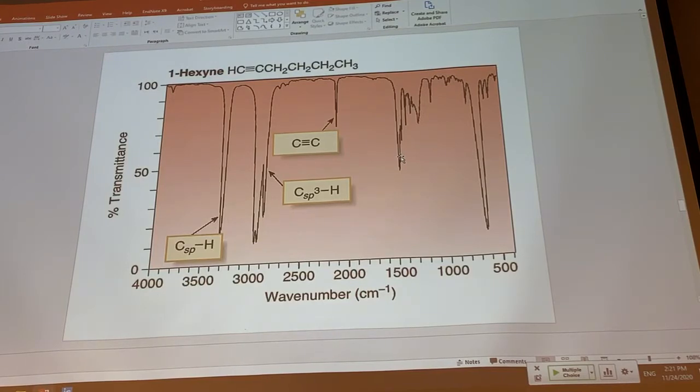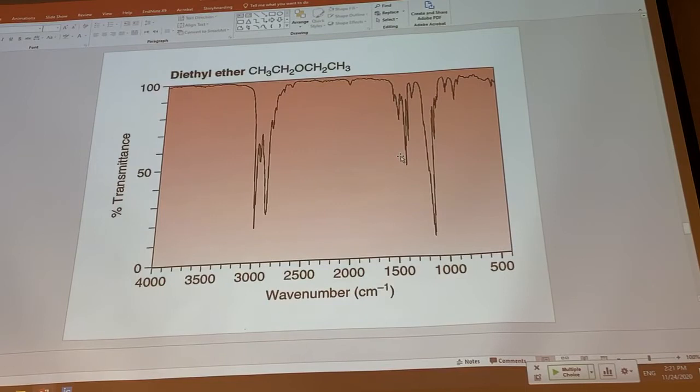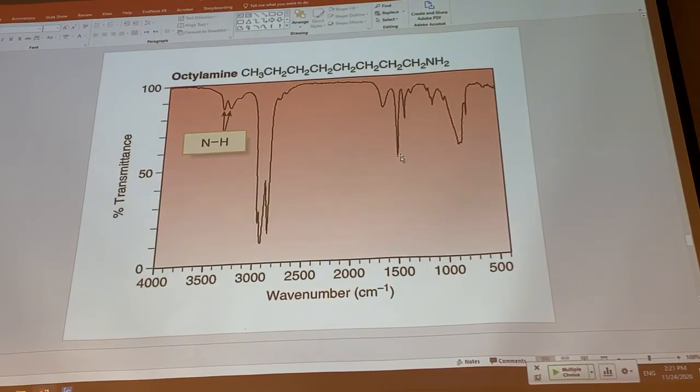Okay, so let's look at a few more examples of some nitrogen-containing compounds in the IR. So here we have octylamine, and this molecule is a primary amine, meaning that it has one alkyl group attached to the nitrogen, so it has an NH2.